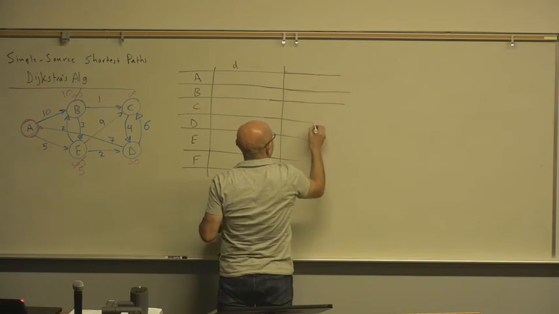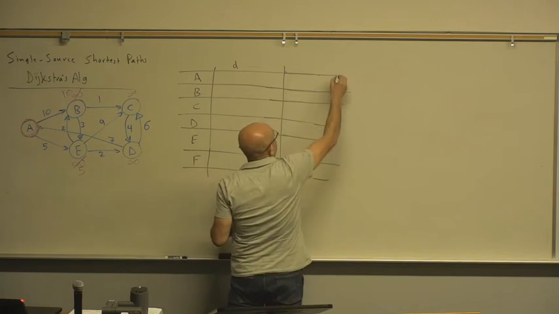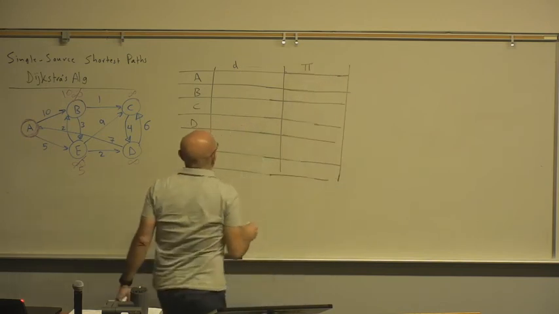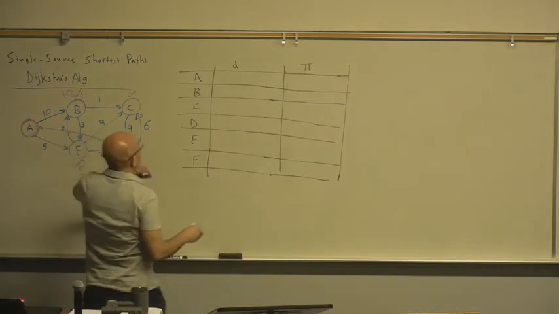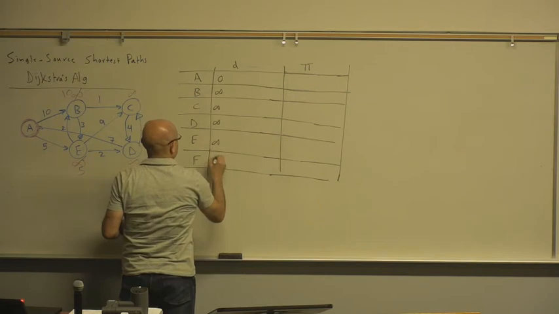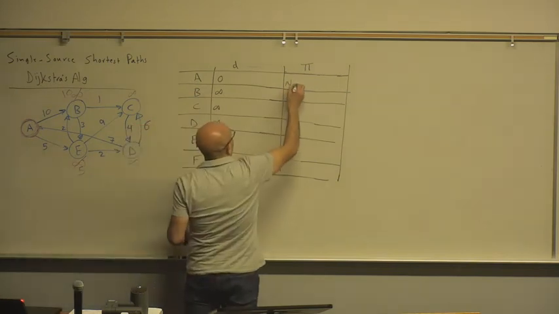Why the parent? Because we would like to track the actual paths, not only the distances. So this is the parent. Initially, the source A will have a distance of 0, and everything will have a distance of infinity. And the parent is going to be null for everything.